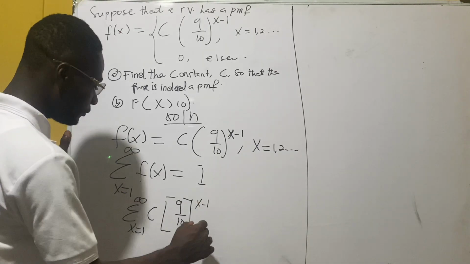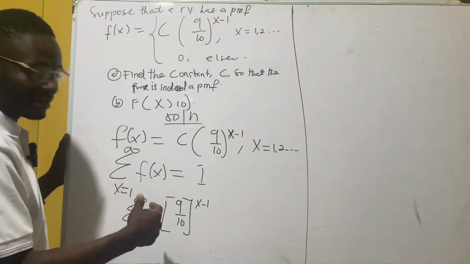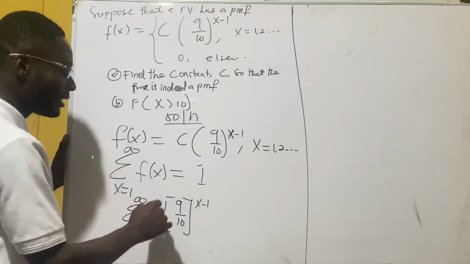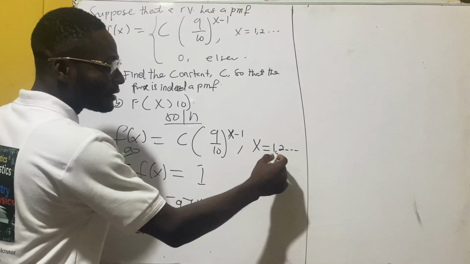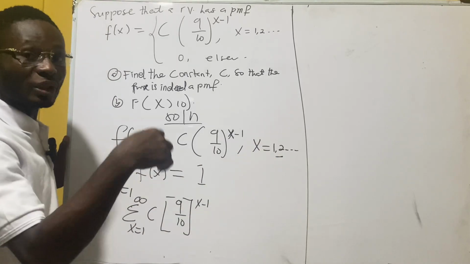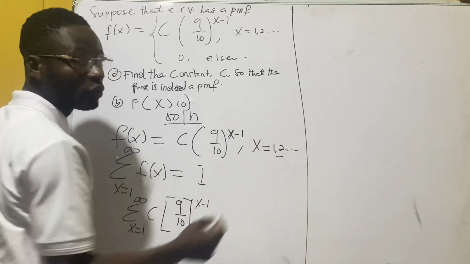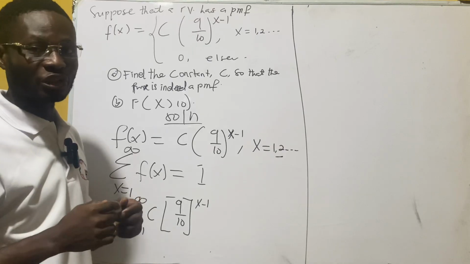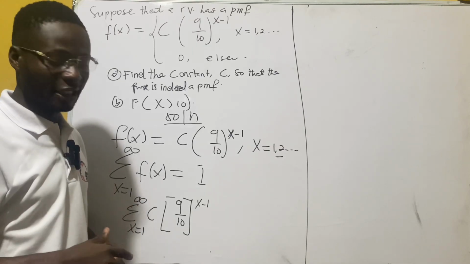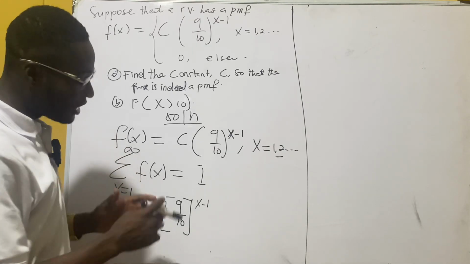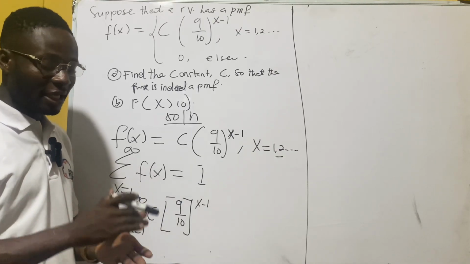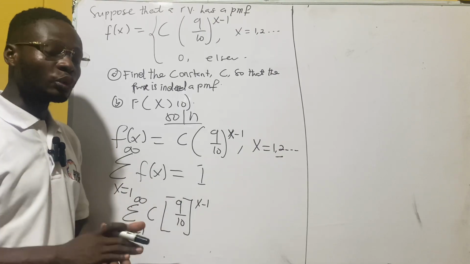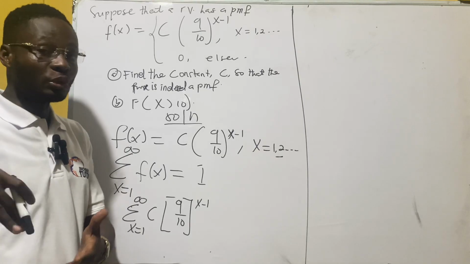We sum this to infinity because x equals 1 to infinity. You see the 3 dots over there, so that means infinity. So we take it as a continuous function, then we sum 1, 2, 3, dot dot dot.